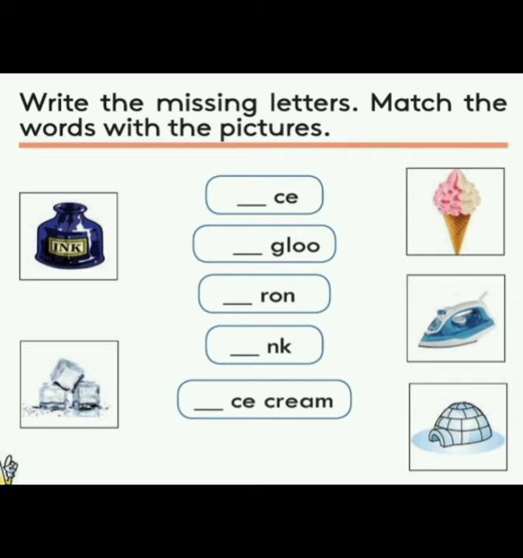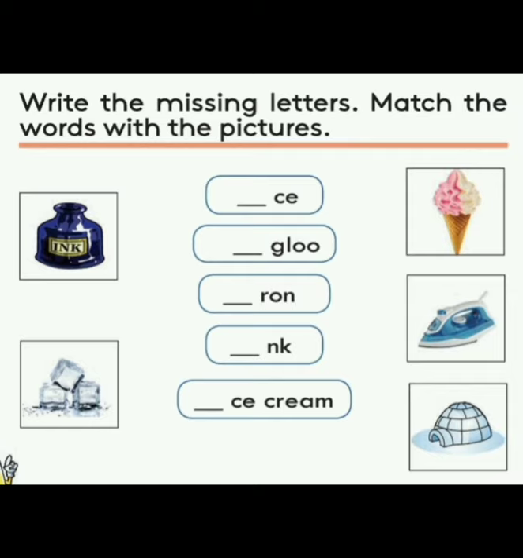And in your right side, what can you see here? I can see an ice cream, an iron, and also an igloo. Children, we are familiar with these words. We have already learned these words: ink bottle, ice cubes, ice cream, iron, igloo.